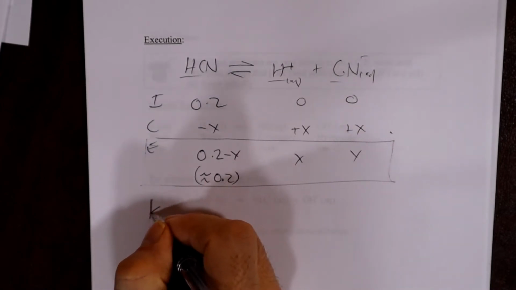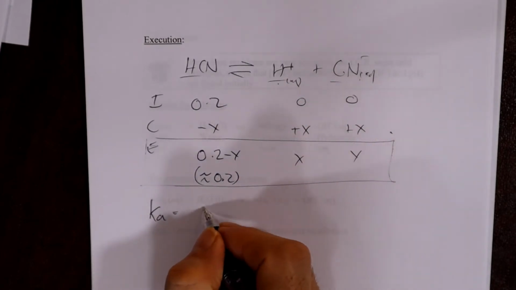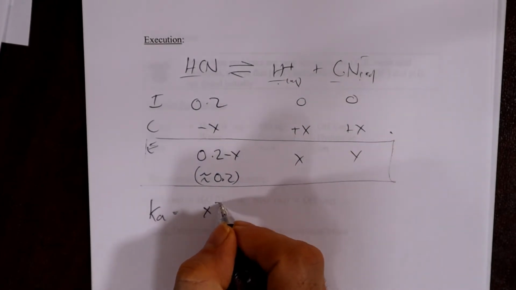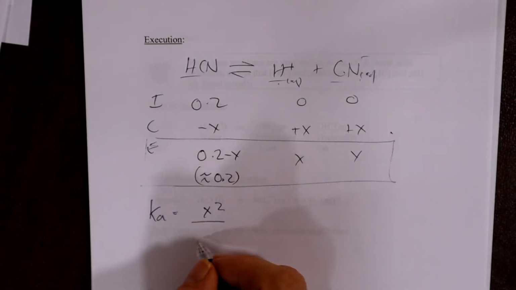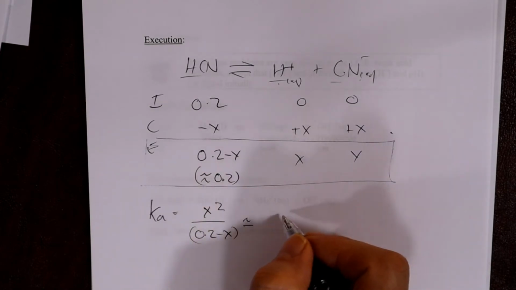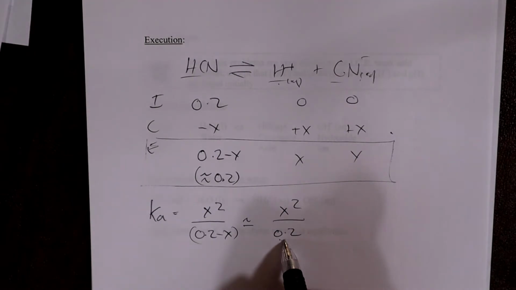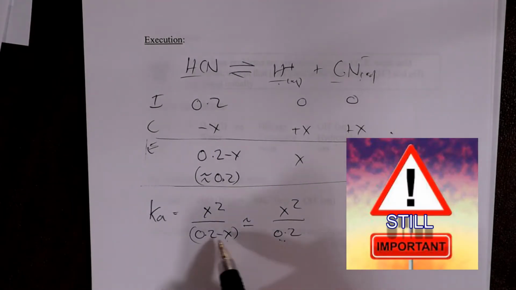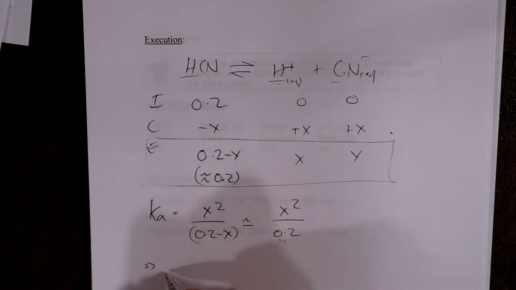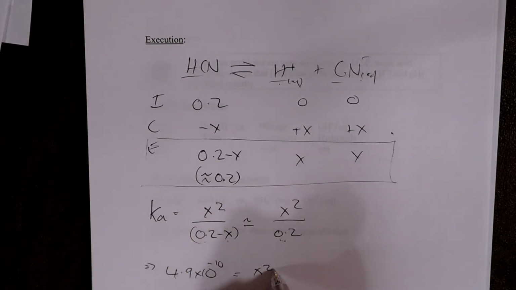Ka then equals products, this one times this one, which is x squared, over 0.2 minus x, which again is approximately equal to x squared over 0.2. That's the weak acid approximation again, because we assume that x is super small compared to 0.2. Therefore, flip back. Ka was 4.9 times 10 to the minus 10, equals x squared over 0.2.